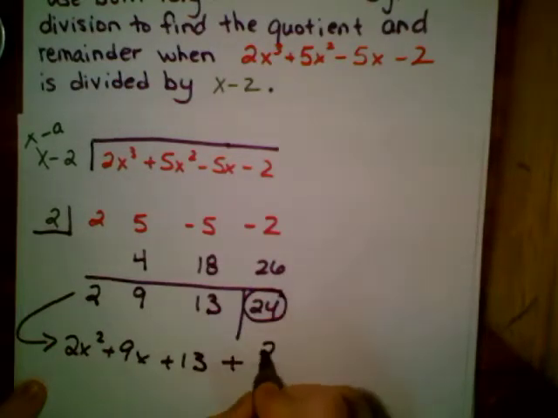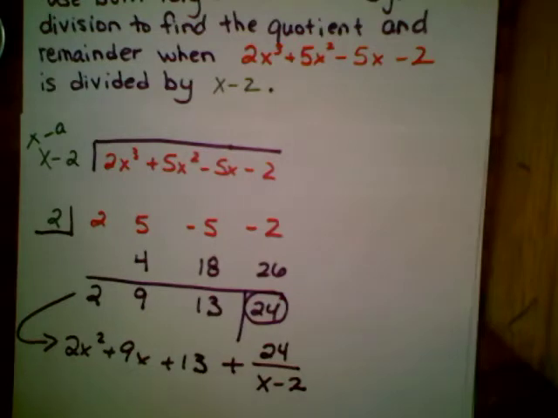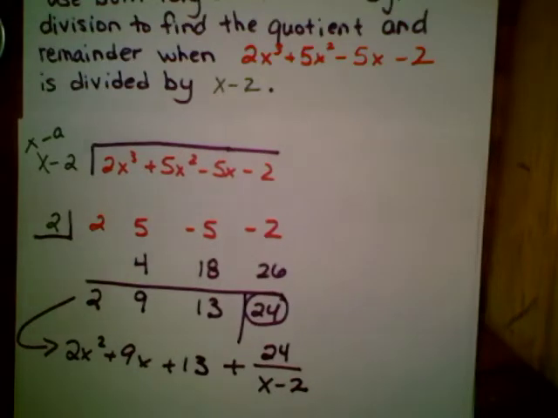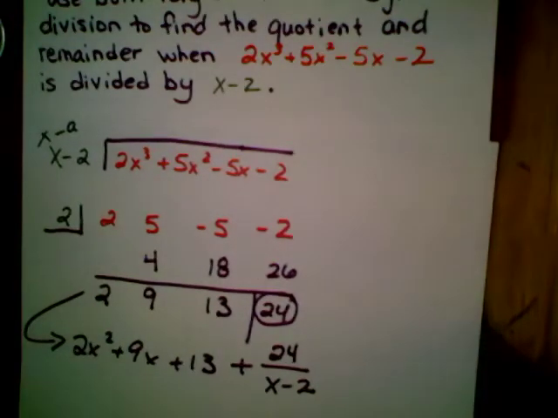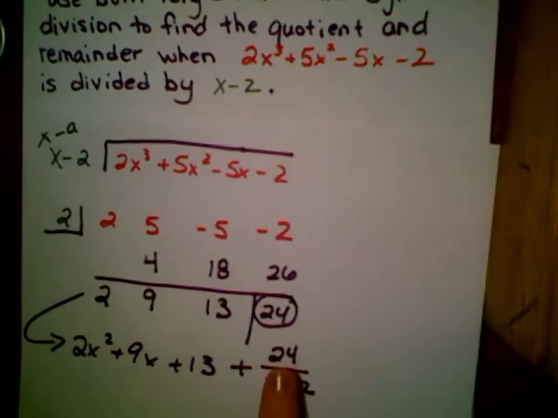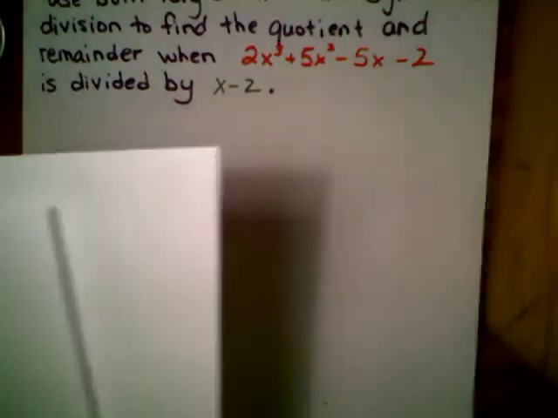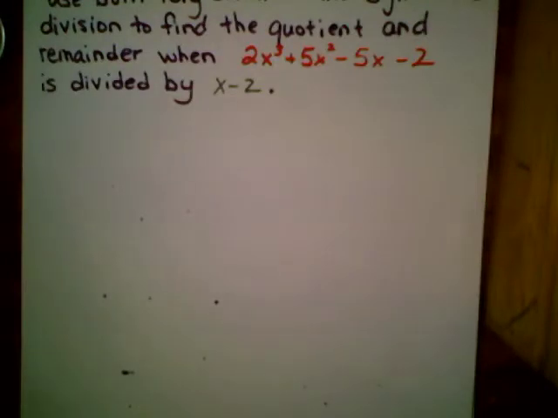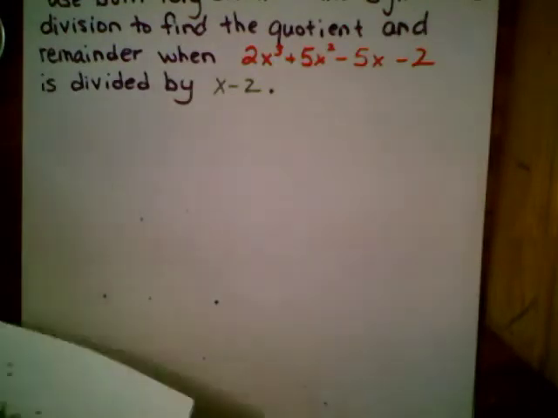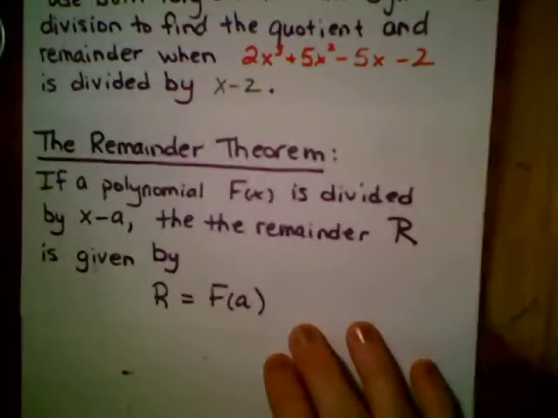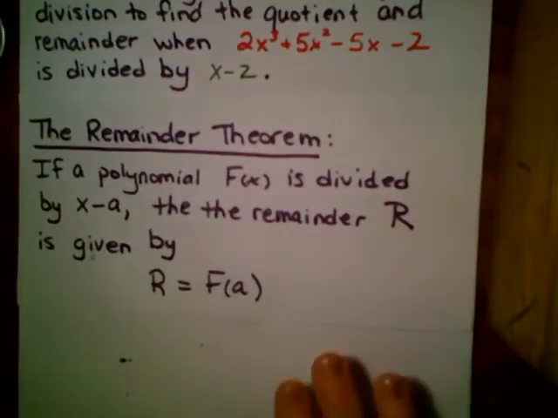But we have to remember to put the remainder 24 back over the divisor x minus 2. Okay. And if you look back in the video, that's the same answer that we had before, quotient and remainder. Okay, so keep that 24 in mind. As I move to the next slide, we'll just finish off this video reminding the viewer of the remainder theorem.